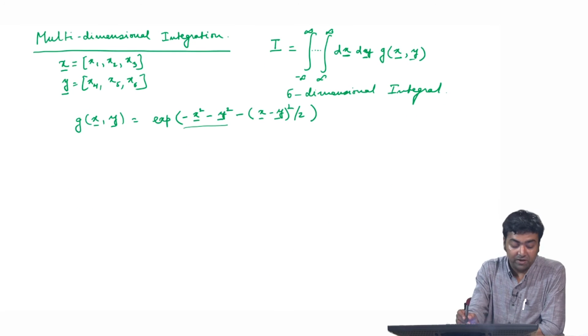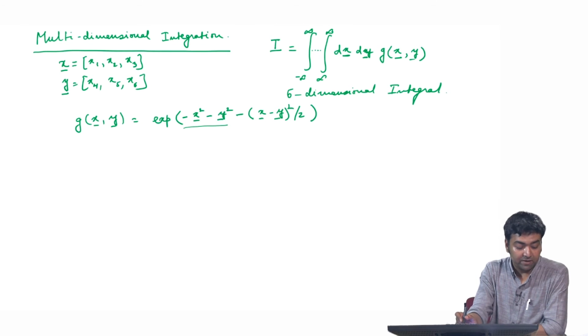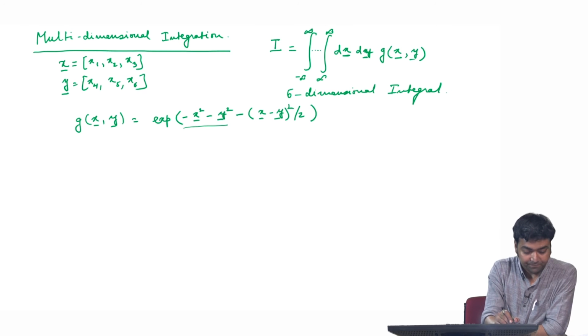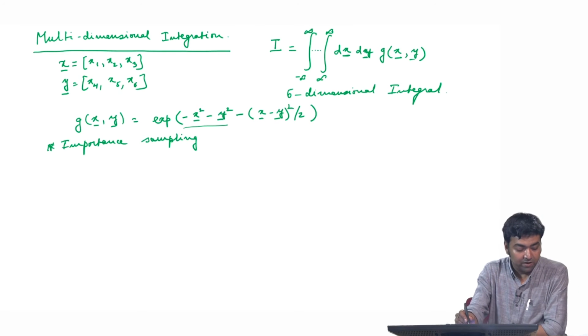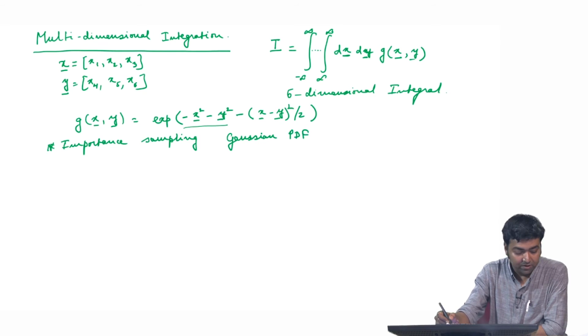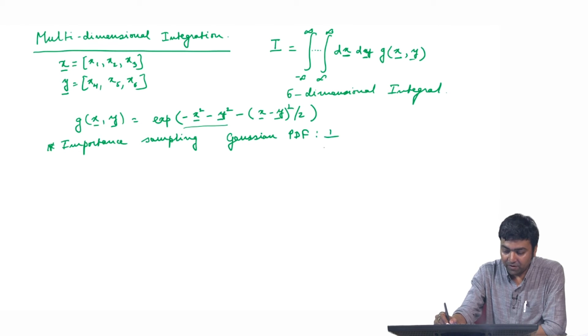We also need to modify the variable. The way we do it is the following. We use importance sampling, and for that we use a Gaussian PDF of the following form: 1 by root pi e to the power minus x square.